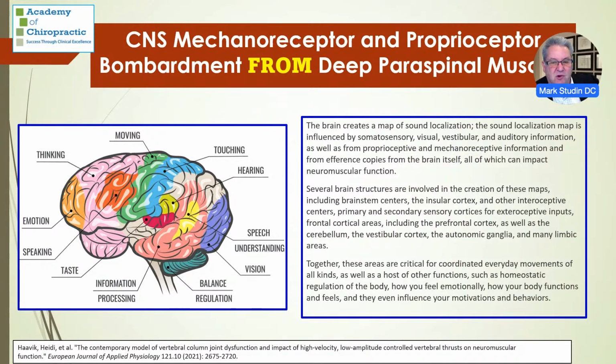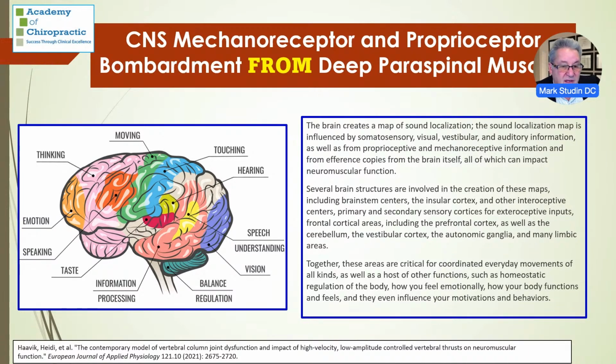Several brain functions are involved in creating these maps, including brainstem, your motor stuff, insular cortex, other interoceptive centers, primary and secondary sensory cortices for exteroceptive inputs, frontal cortical areas, including the prefrontal cortex, as well as the cerebellum, vestibular cortex, autonomic ganglion, and many limbic areas.